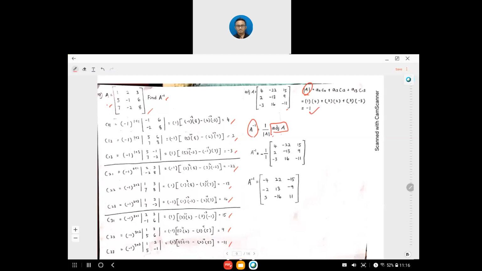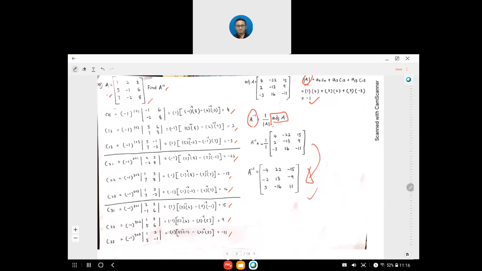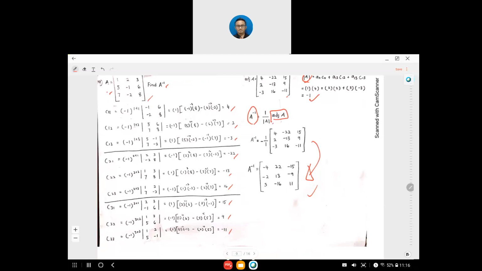So you can get negative 1 over 1 times 4, 2, negative 3, negative 22, negative 13, 16, 15, 9, negative 11. So darab masuk dalam tu, awak kena dapat macam ni lah. Okay, this one is A inverse for question 19.